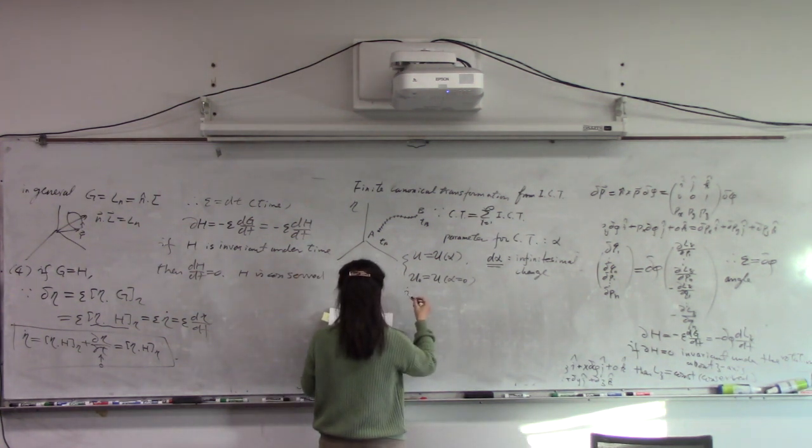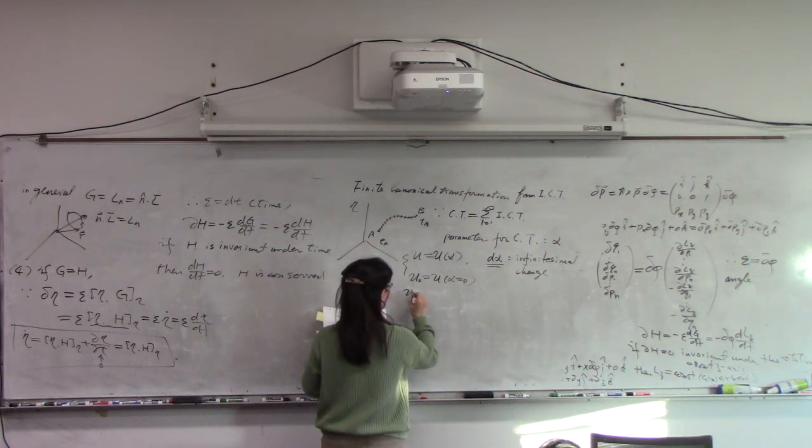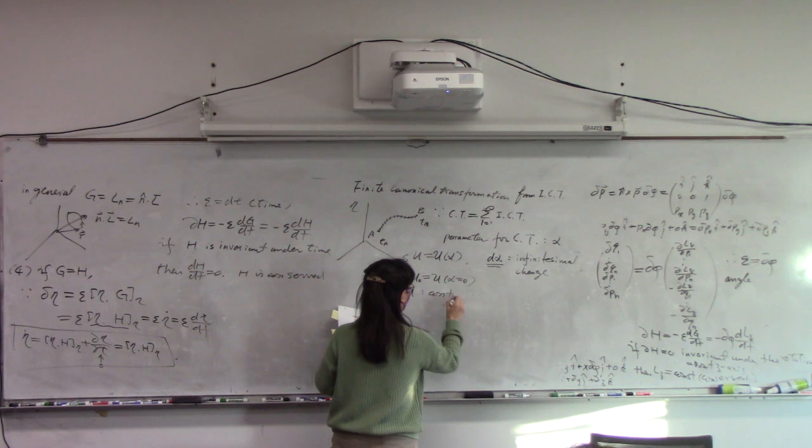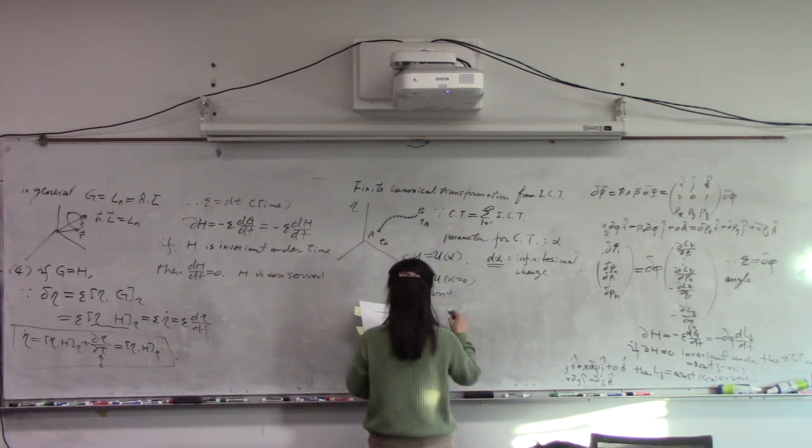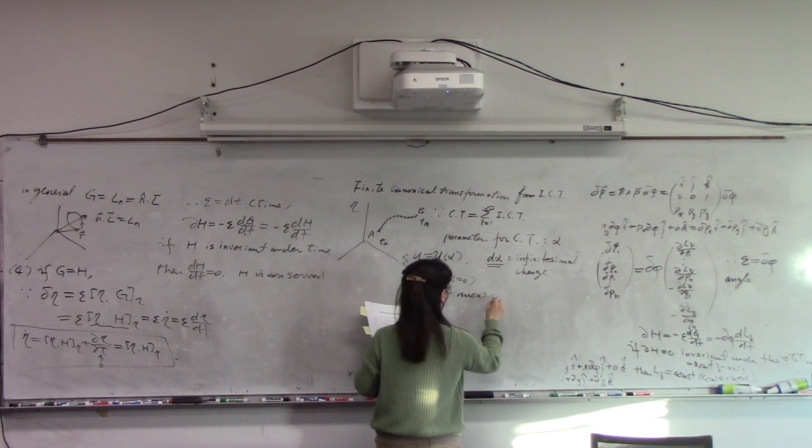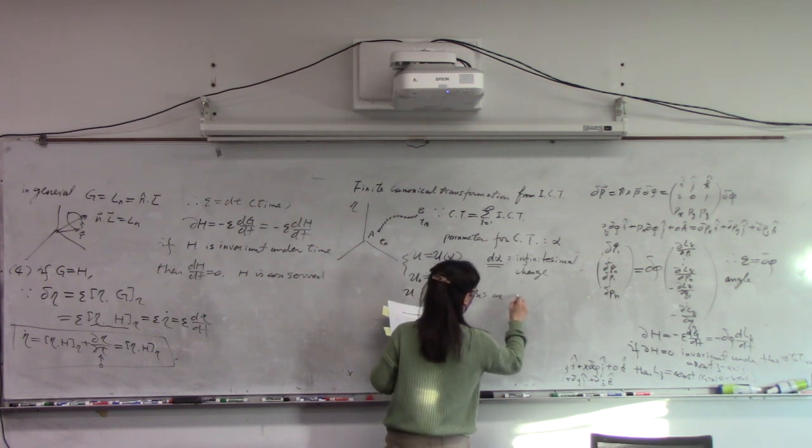So if we use this, actually U is continuous. There is no doubt, right? Continuous as alpha.